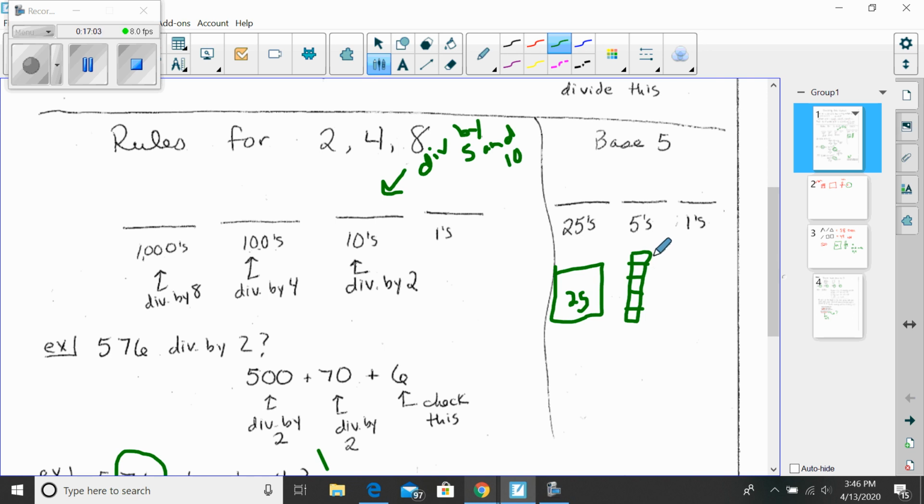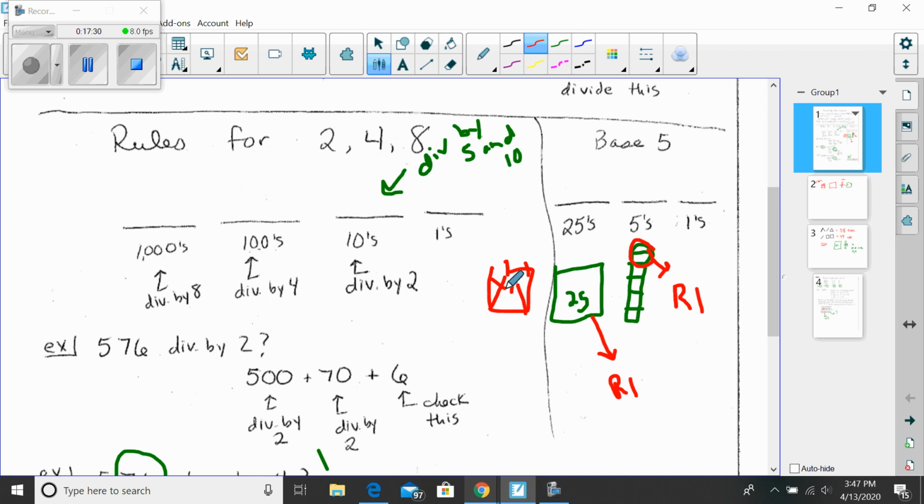So in this case, I'm looking for a divisibility rule for 2. Is the sum of these digits divisible by 2? If it is, then the entire number is divisible by 2. So in base 5, if I want to tell if a number is even, the divisibility rule in base 5 for 2 acts like the divisibility rule in base 10 for 3.